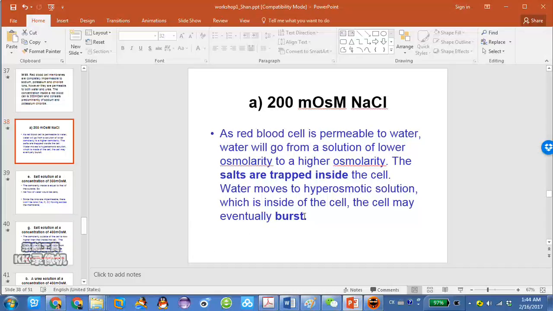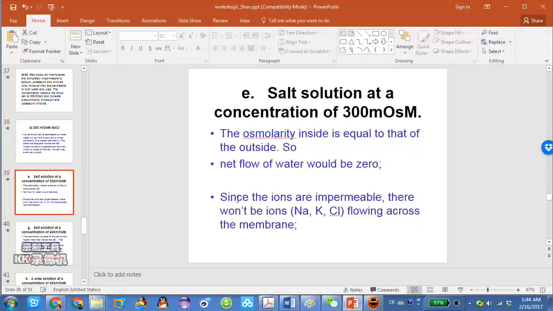And you can see that the cell eventually swells and may eventually burst. So for tonicity, the outside is hypotonic. So for scenario A, the outside solution is hypoosmotic and hypotonic at the same time.